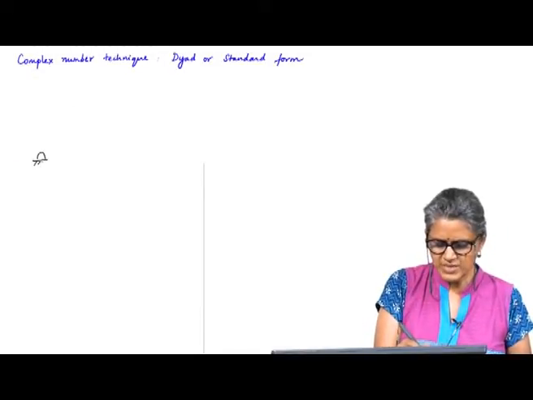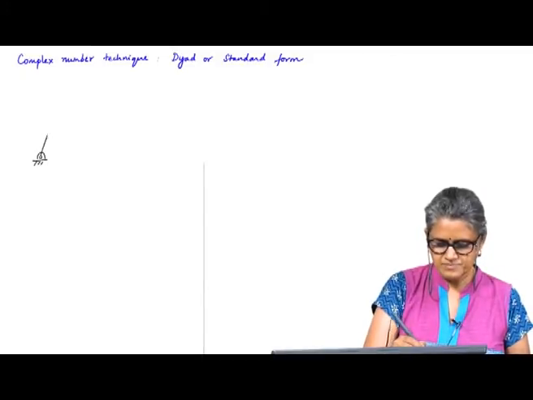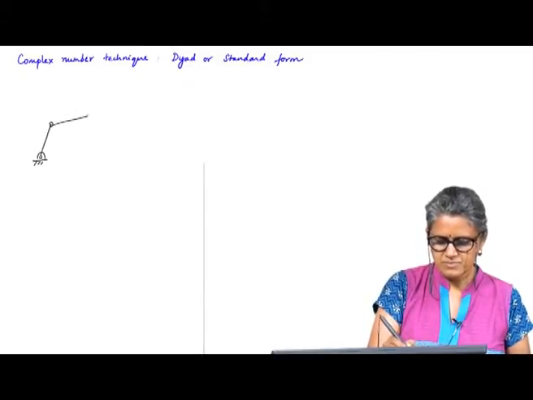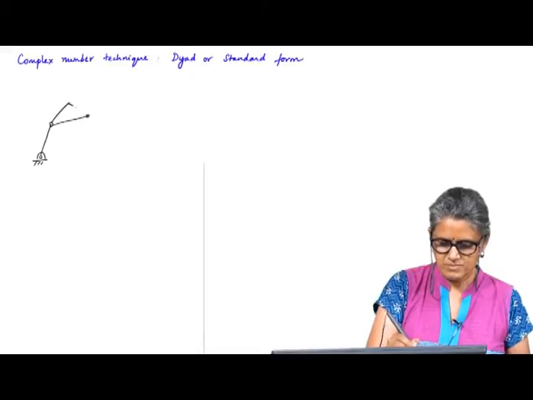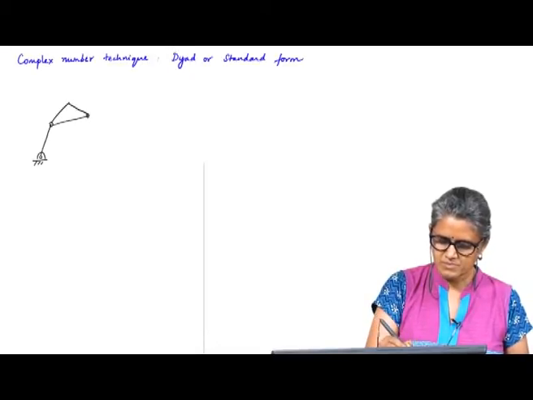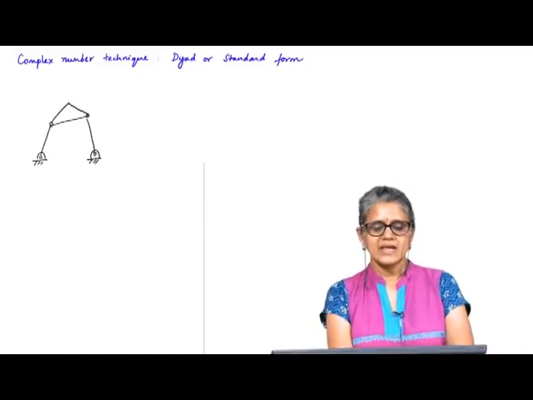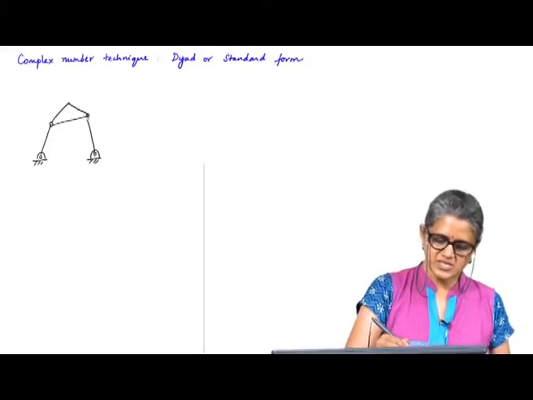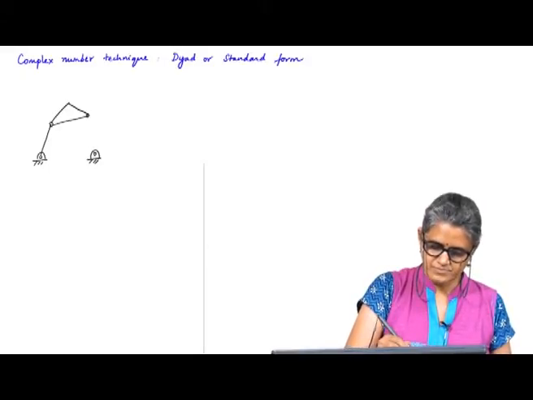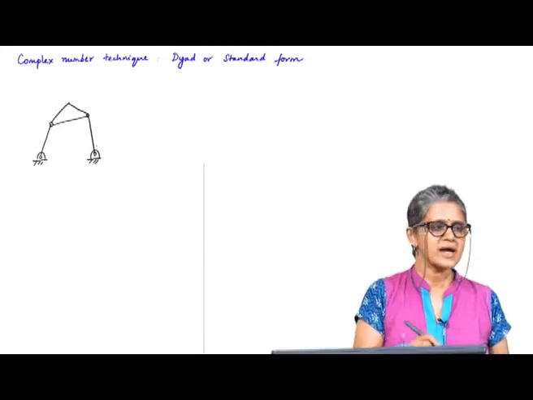So, if you look at a general 4 bar, I can actually look at it as formed by two diodes.